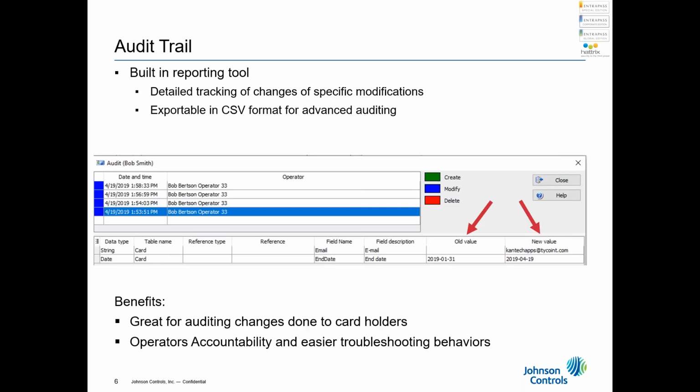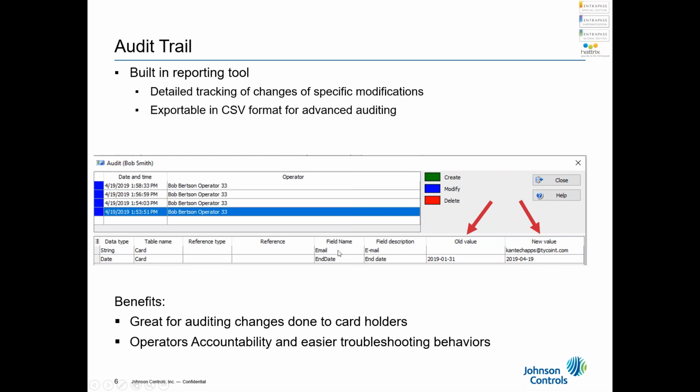As mentioned, within the reporting tool, you'll see on the right-hand side when you're looking at something whether this operator created it, as there'll be a green highlighted icon on the left-hand side. If it was modified, indicated by a blue, or if it was deleted, indicated by a red box. Down below the area, you'll see what was done and by whom.